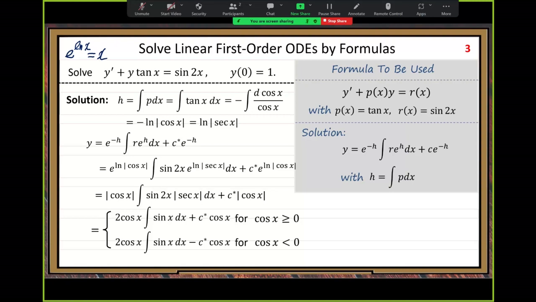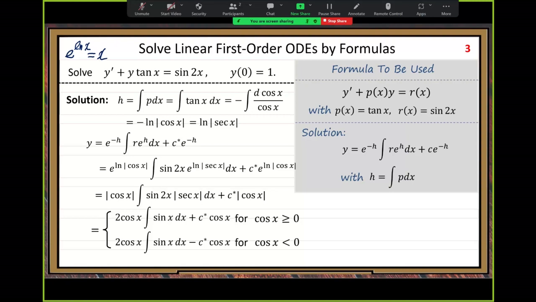But look at each one. The first one, the integral of sine x gives us cosine, right? But there is a constant, because this is an indefinite integral, and a constant is carried with the result. Don't forget that constant, okay?